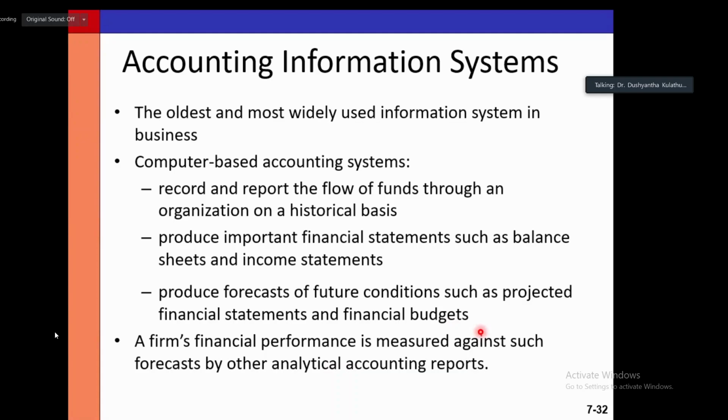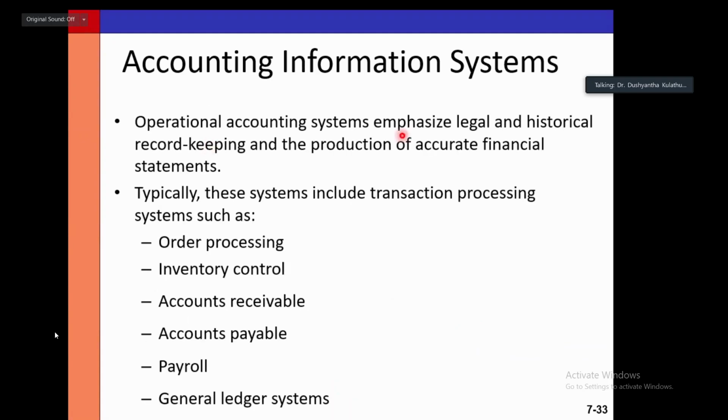Then operational accounting systems emphasize legal and historical record keeping and production of accurate financial statements. Now, this operational accounting system basically processes the operational data generated from the day-to-day transactions, and they emphasize the legal and historical record keeping.